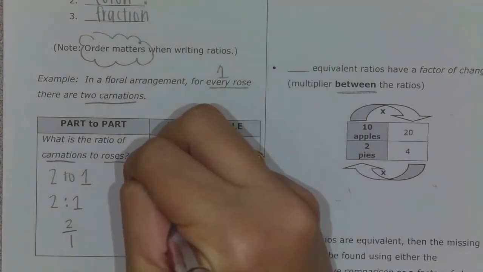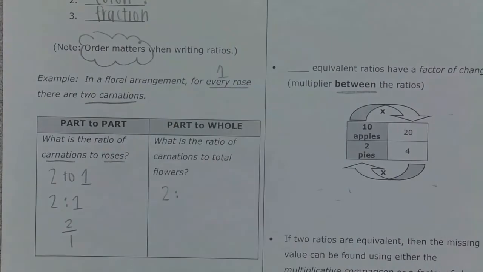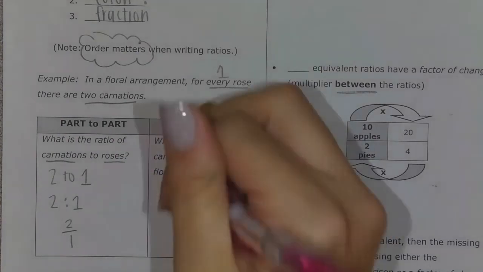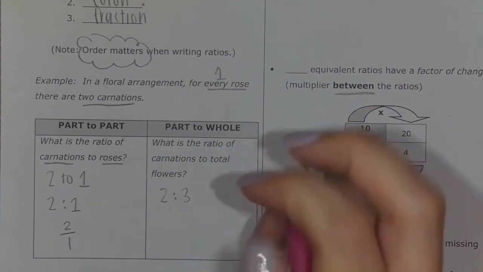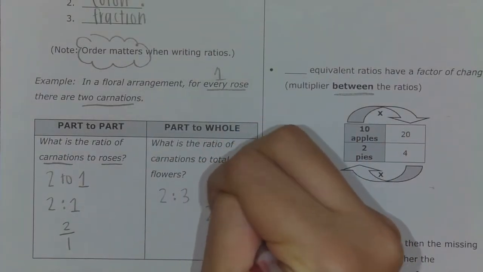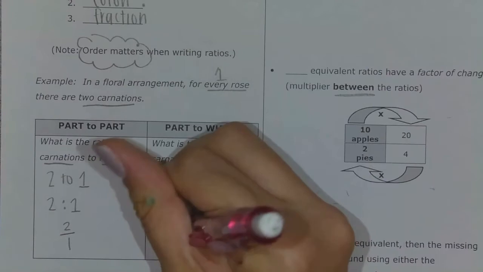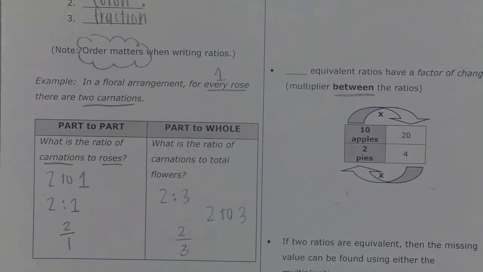So I know that I have two carnations. But here's where I have to think. The total flowers. So if there's two carnations, there's one rose. So that makes a total of 3 flowers. So that would be a 2-to-3 total. And again, I can write that all my different ways. I can use the word to, or I can write that as a fraction.